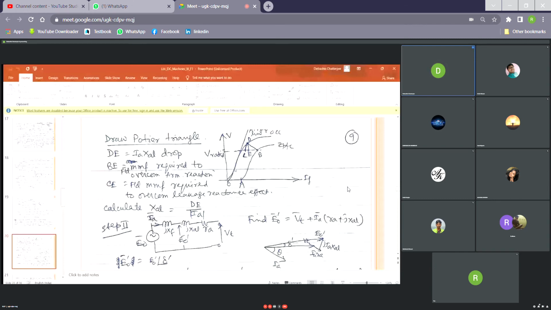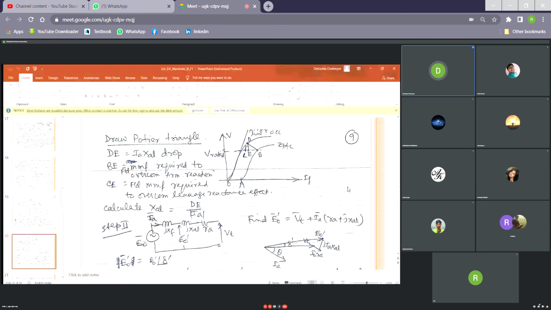Now if you draw a line perpendicular from D on BC, that is DE. This line DE represents some voltage because it is parallel to the voltage axis. This voltage is actually the leakage reactance drop of the machine.